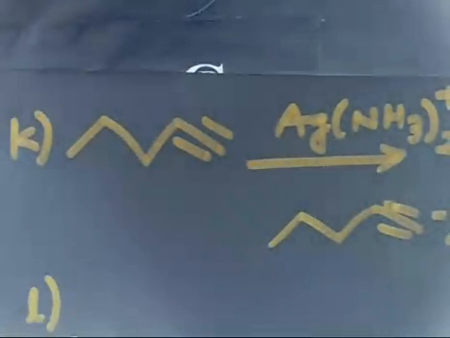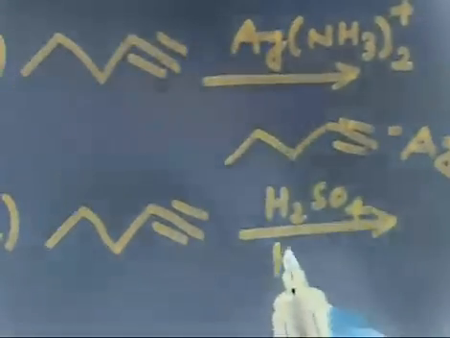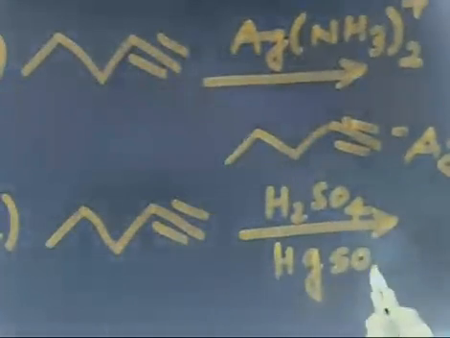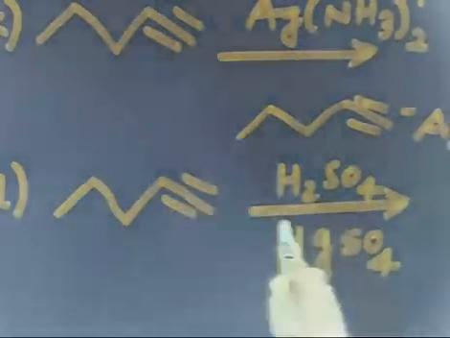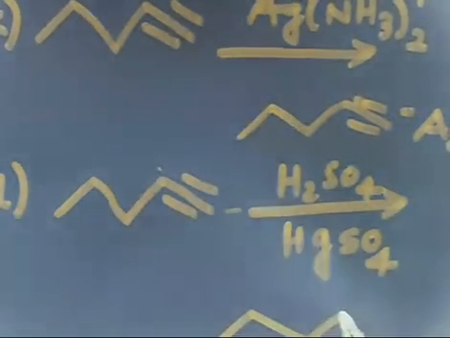And this is the last one. If I treat this compound with H2SO4 in the presence of catalyst HgSO4, you give me the product in this case. Now in this case what you will have, HOH will get added, H will add here, OH will add here, and now if you tautomerize, I am writing the final product.